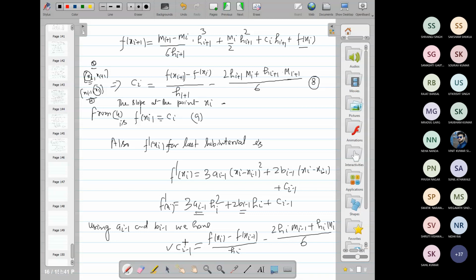So you see we have two expressions for ci. तो from ये question number, suppose this is 9, 10, 11 and this is 12.